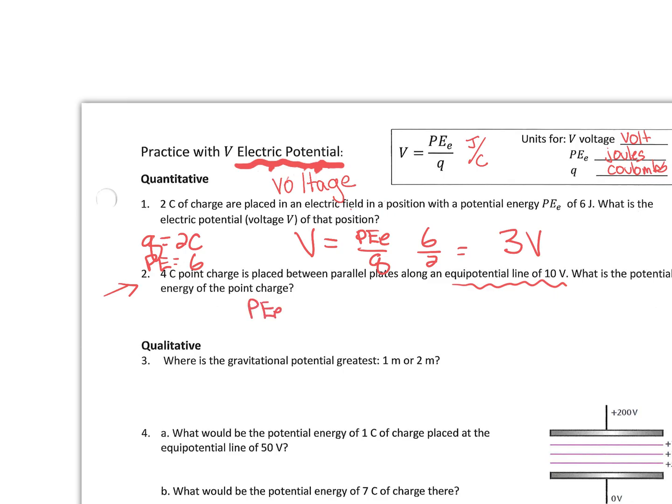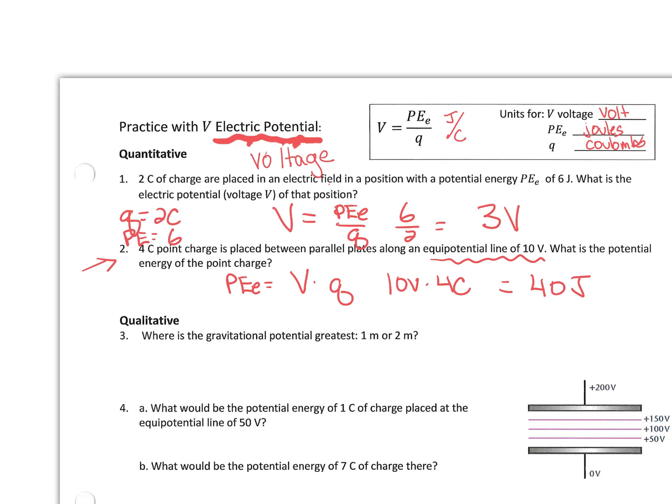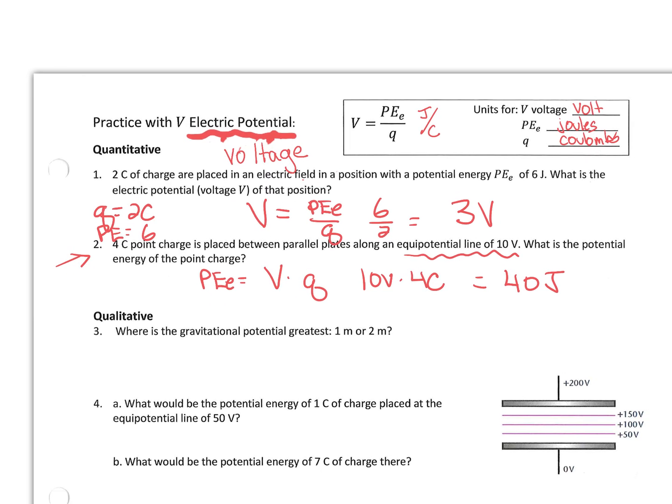The potential energy is equal to voltage times charge, or 10 volts times 4 coulombs, or 40 joules of energy. Now, if you don't remember, 4 coulombs of charge is actually a lot. We often dealt with microcoulombs, so if you can pile 4 coulombs of charge at the 10 volt point, you're going to have a significant amount of energy, 40 joules, okay?